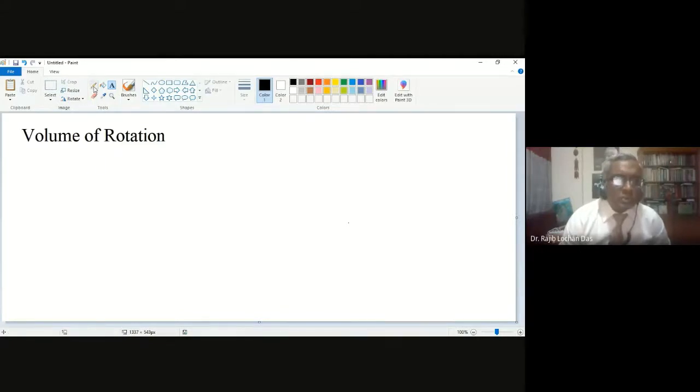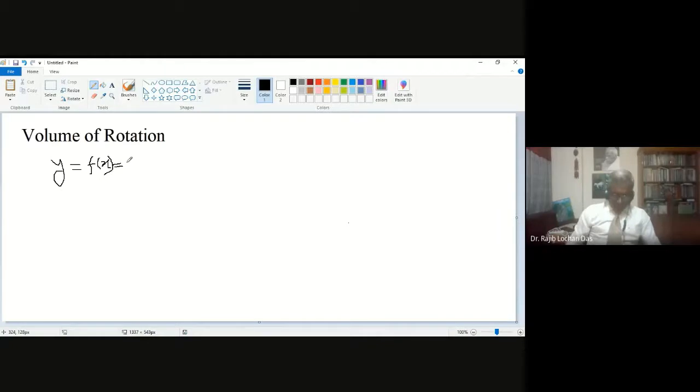So say we have a function given here. Say y is a function of x, and this is just a straight line.